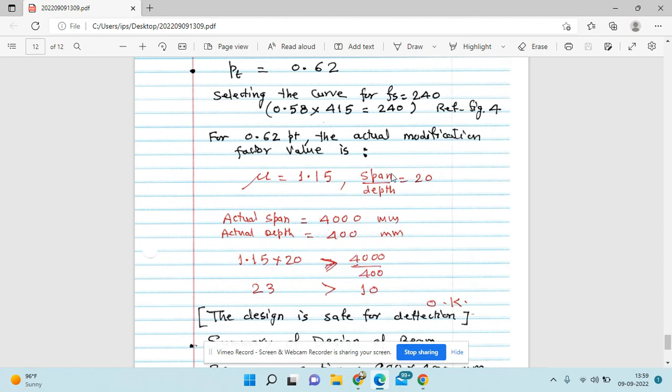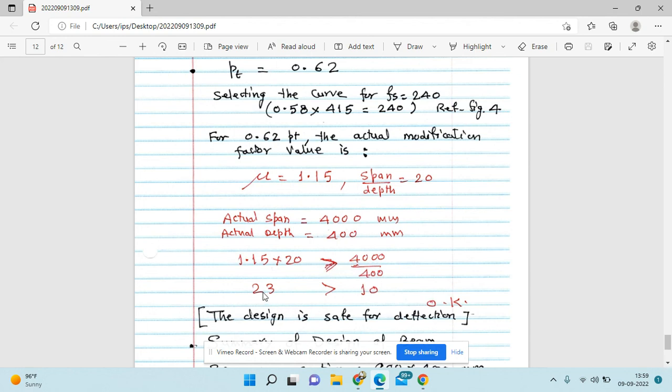Span by depth ratio is already given as 20. So 4000 upon 400 is the actual span by actual depth ratio. This is the value that we have calculated for actual modification factor multiplied by span by depth ratio, that is 20, which should be greater than 4000 divided by 400, that is 10. So it comes out 23.